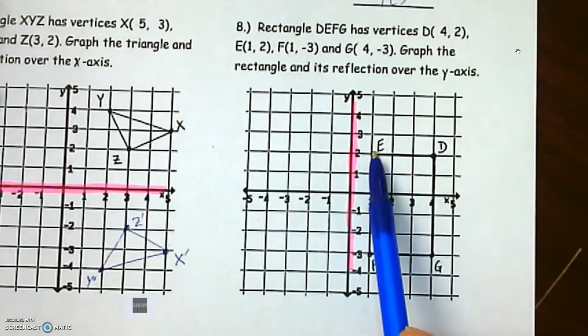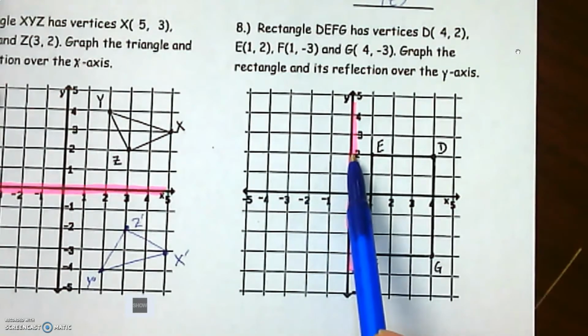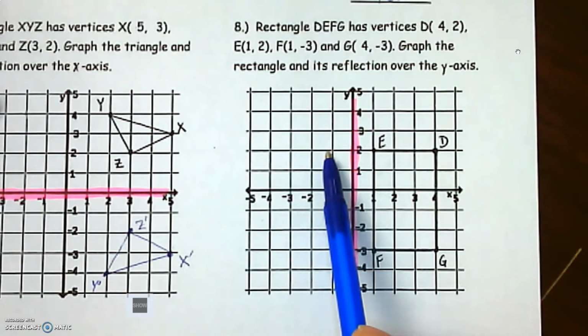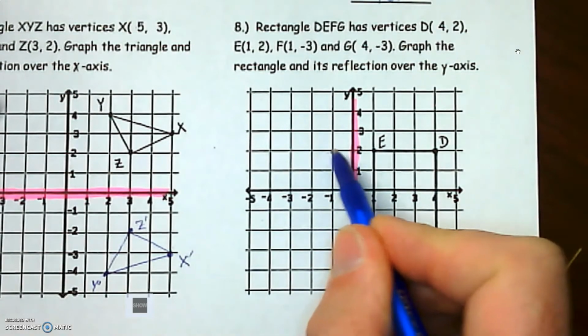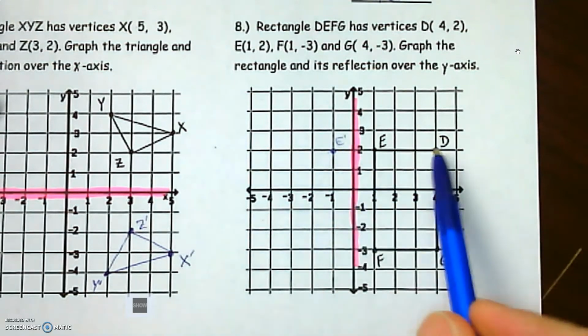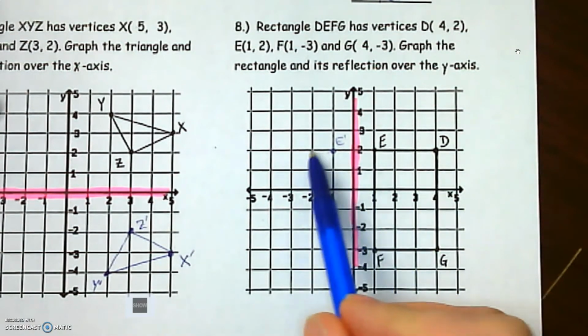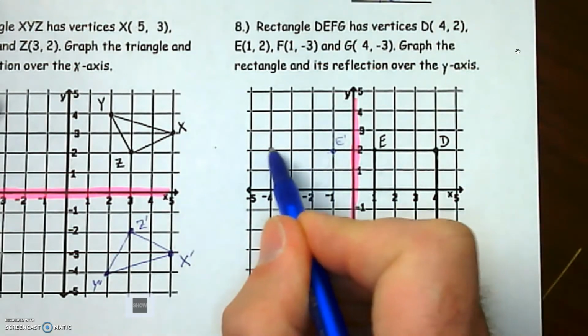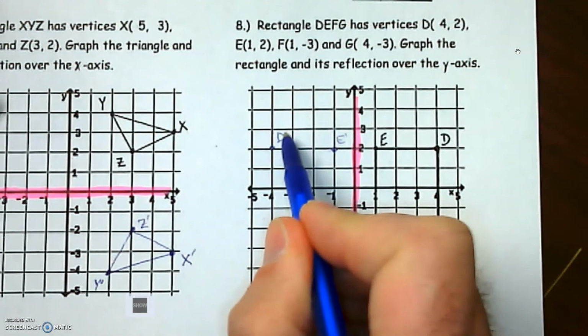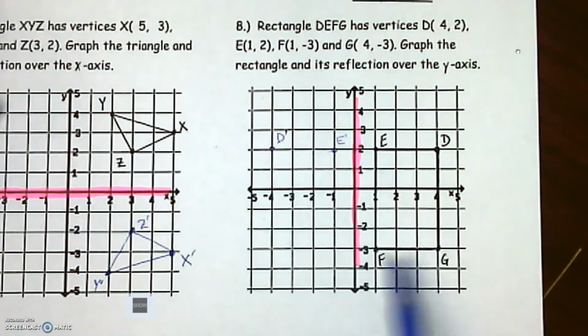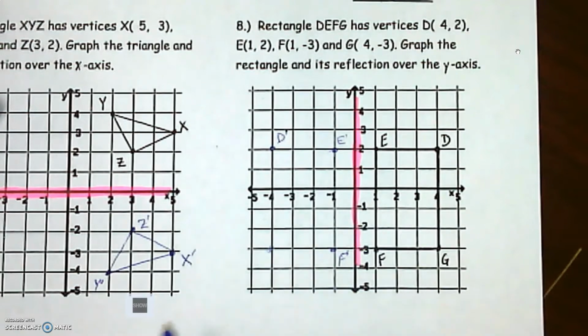So on this one, point E is 1 away. Well, E prime must be 1 away. So there's E prime. Point D, 1, 2, 3, 4. D prime, 1, 2, 3, 4. You really just keep going, the same number. And these 2 points are going to be the same. 1, 1 for F prime. 1, 2, 3, 4 for G prime.